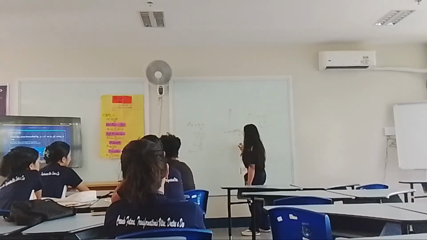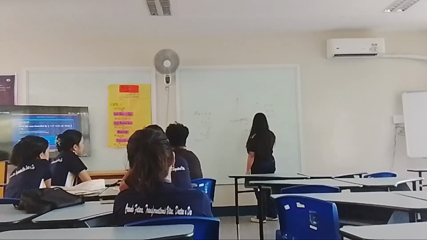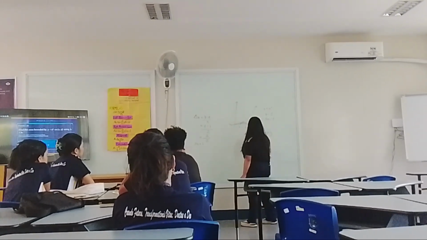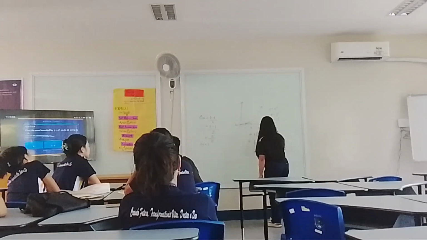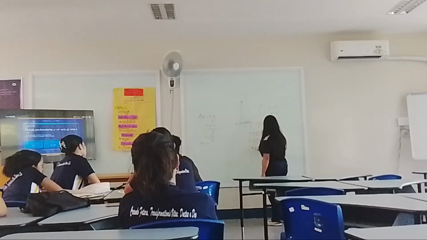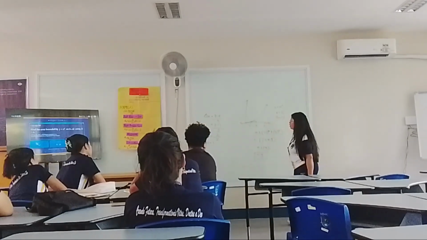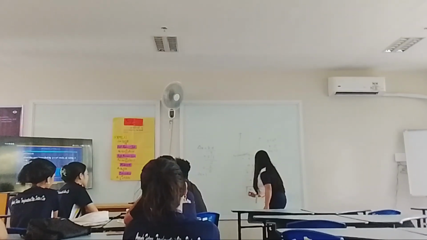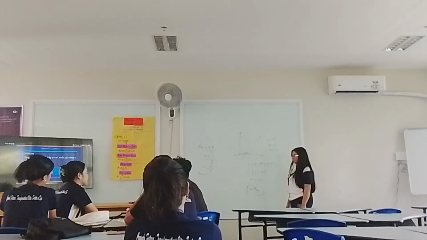So let's now find the left Riemann sum. So this is our left. So this is our left Riemann sum, guys. Can you read? Nice, 9 square units.